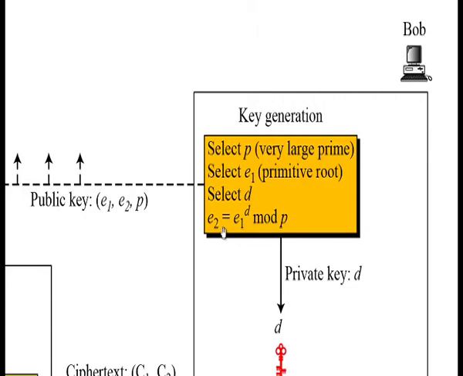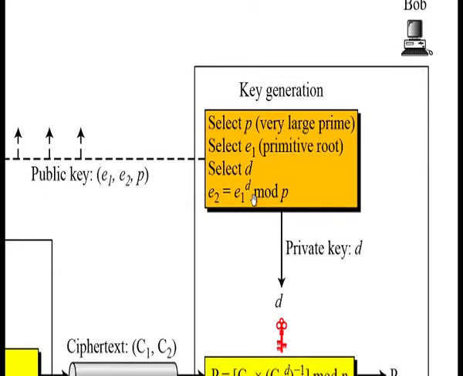E2 is equal to E1 power D mod P. He already knows E1, which was selected by Bob, and based on E1, D and P, he generates E2. As we can observe here, D is the private key of Bob, whereas E1, E2 and P are public. That means anyone, not only Alice, anybody in the world who wants to send a message to Bob, can get the public key from Bob.